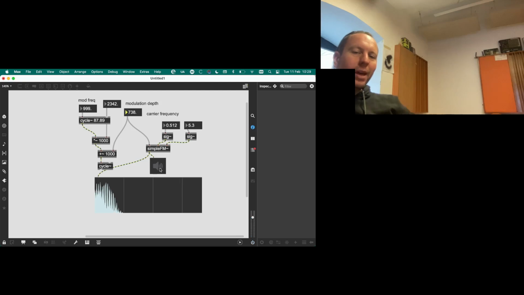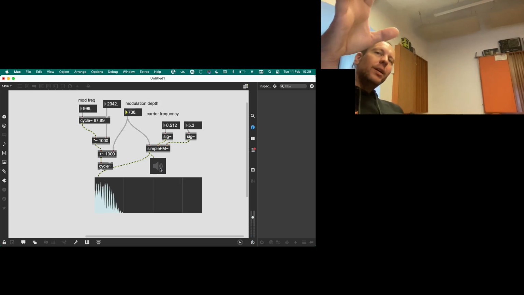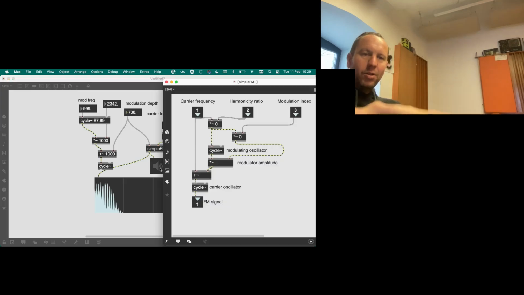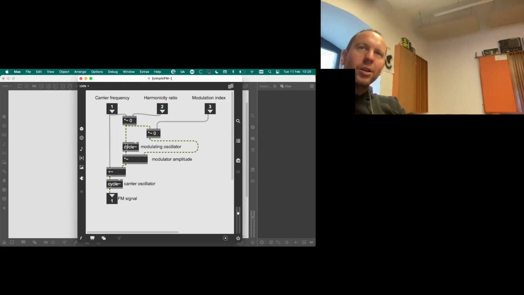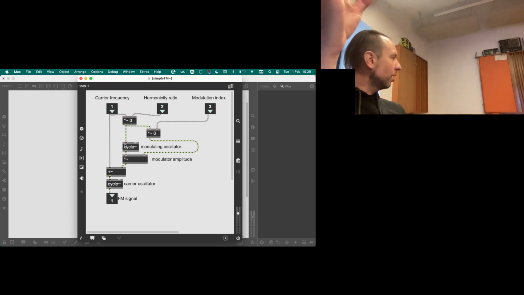You see, it actually behaves more like a single instrument. Because what's happening is that essentially the modulation frequency, which is here, depends on the carrier frequency. You see? Because in the patch where I directly control these parameters, it does not relate to the center frequency, which means that sometimes it's harmonic, sometimes it's inharmonic.